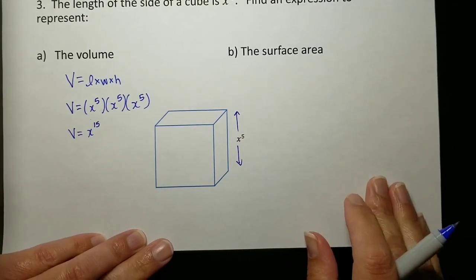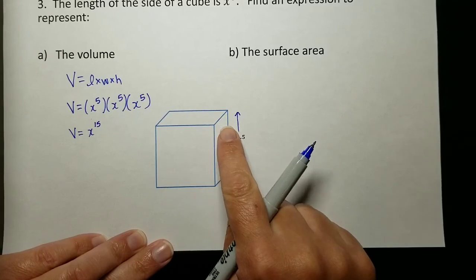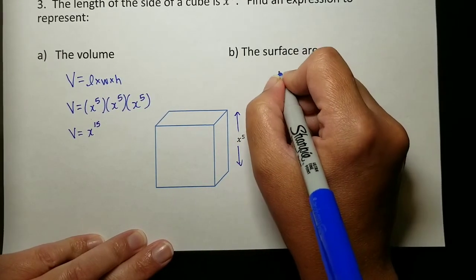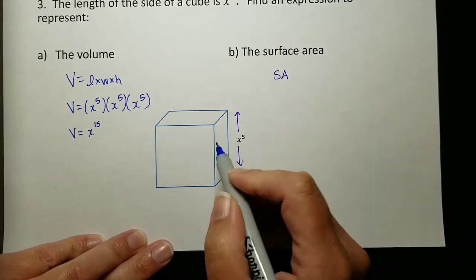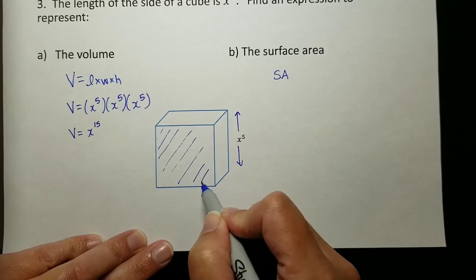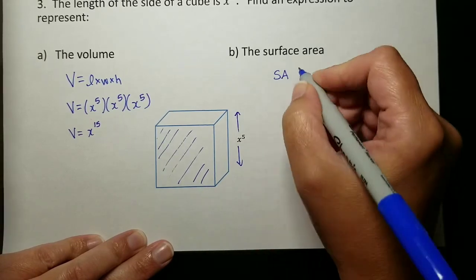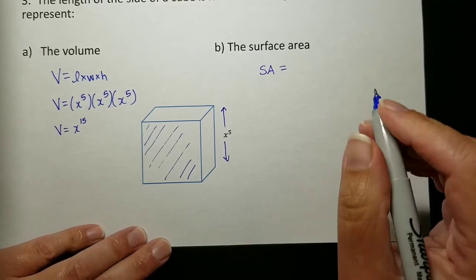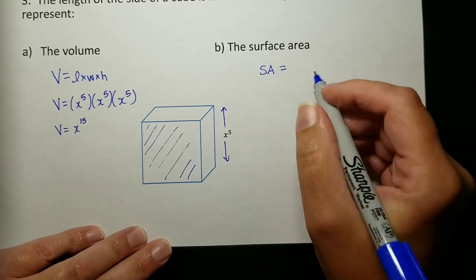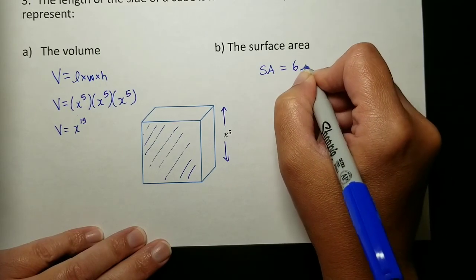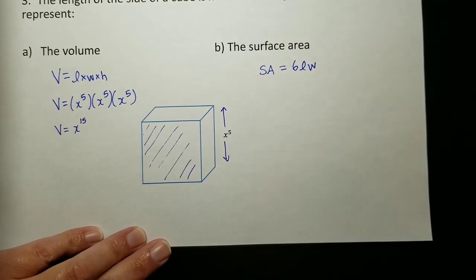If we wanted to find surface area, remember surface area is the area of each side added together. The surface area for a cube, each side is going to be the same area, luckily, because it's a cube. And on a cube, you can think of a dice to help you picture this, you've got 6 sides. So it's 6 times length times width, or side squared.